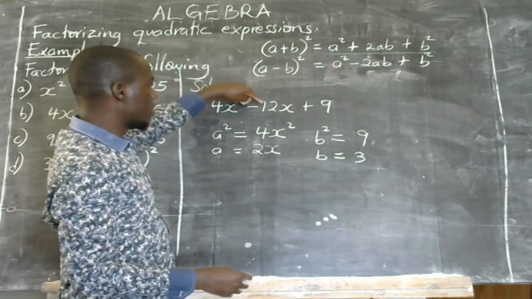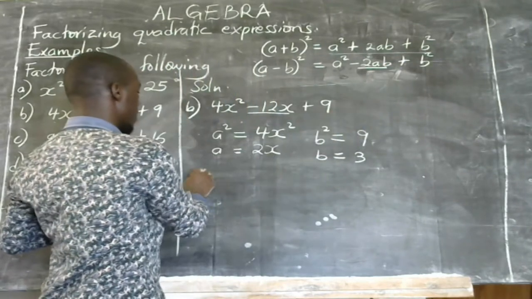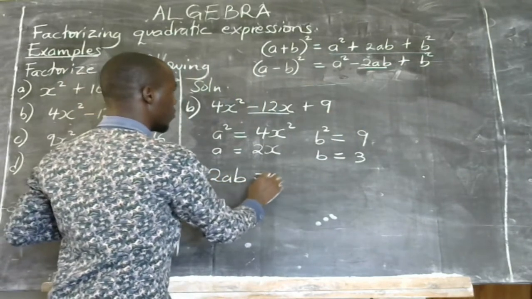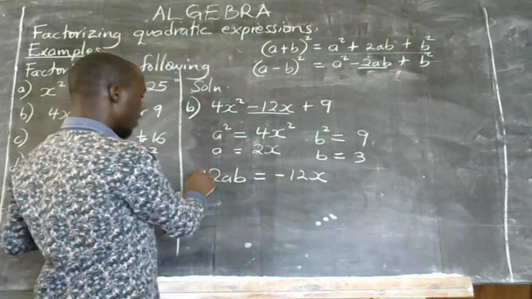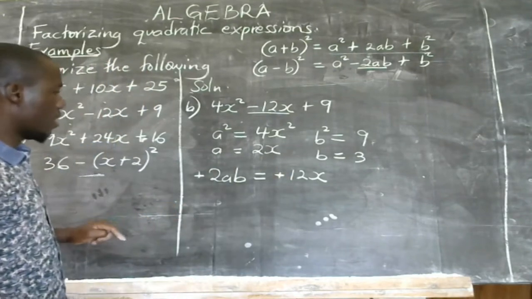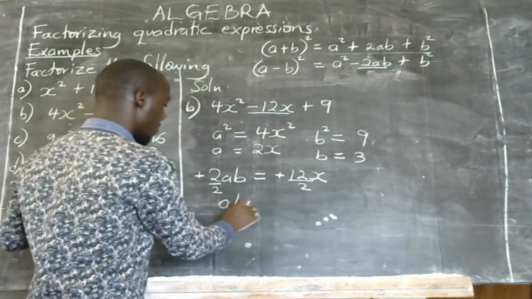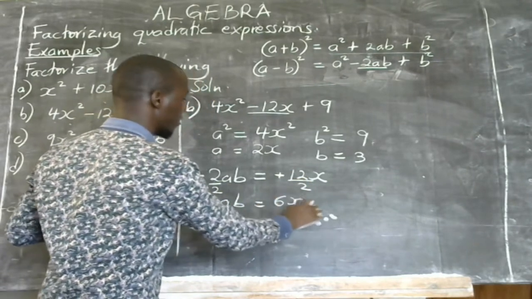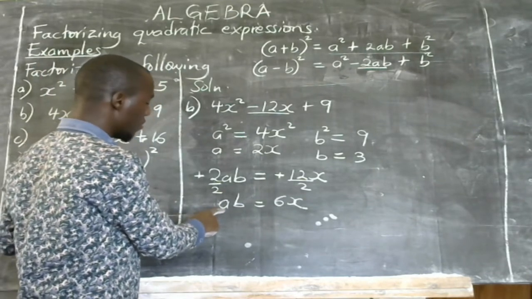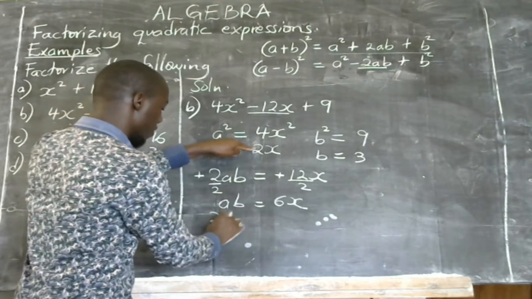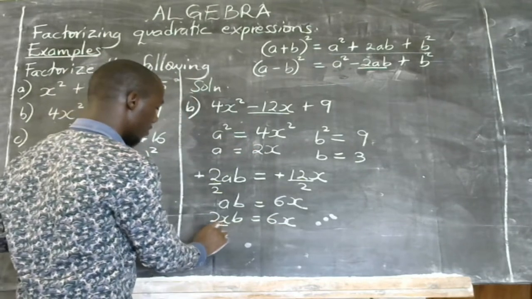Also, if I want to get my B using this and that one there, the negative 2AB is equal to the negative 12x there. The negative and negative can cancel out. The 2 is going to reduce the 12 to have AB is equal to 6x. Then now, when we substitute for A, which we got earlier here as the 2x, times the B is equal to 6x, then we divide both sides by 2x.